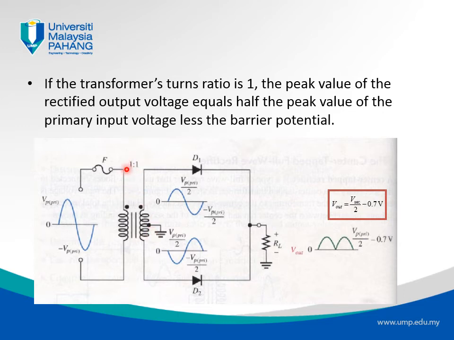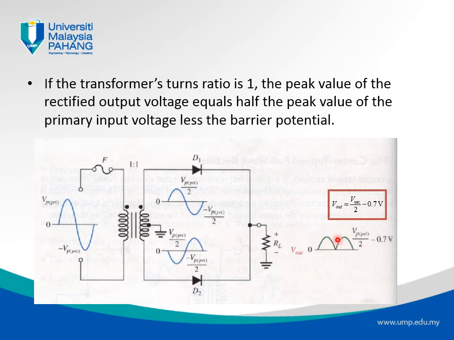Imagine we have a 1:1 ratio. The peak to peak input voltage will now be divided in the secondary into two parts. On each half will be V peak over 2 and minus V peak over 2, right?